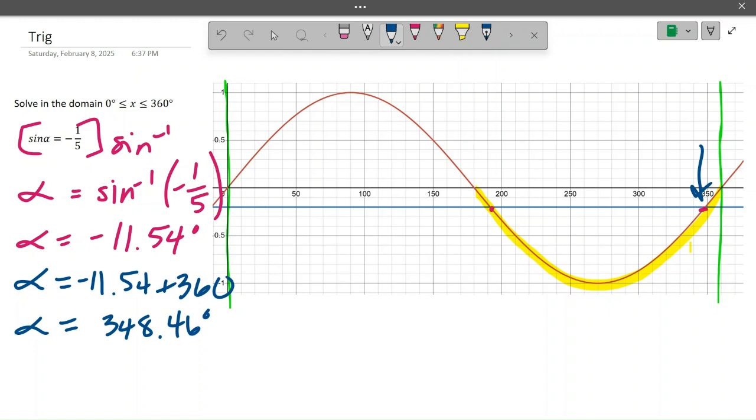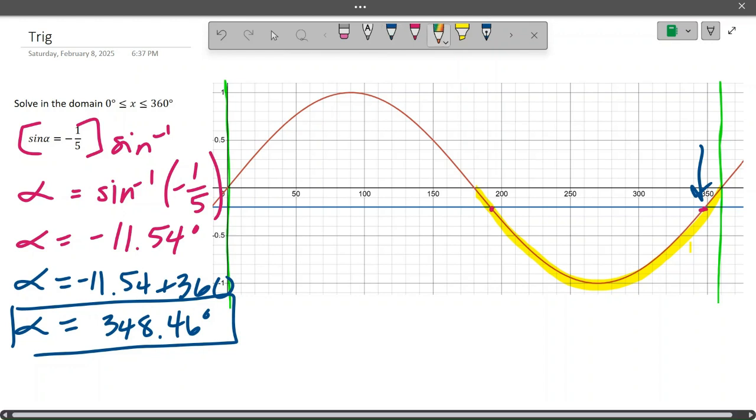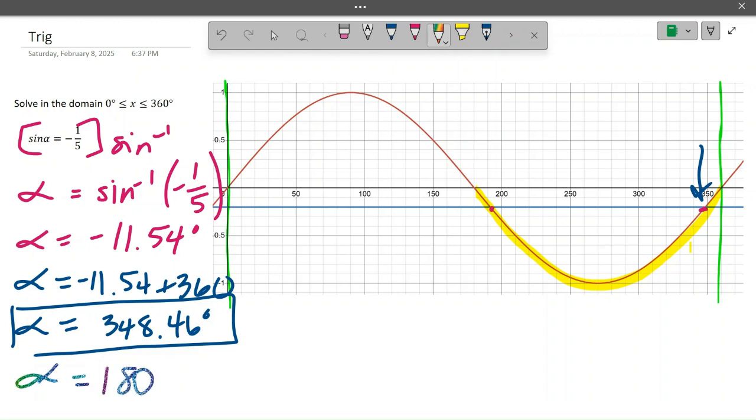Now, like we did last time, we know that we have two solutions within this 180 degree domain or interval. So I'm going to go ahead and find my other solution doing exactly what I did on the last problem. I'm going to say that alpha equals 180 degrees minus, and I'm going back up to this value that I started with, negative 11.54 degrees.